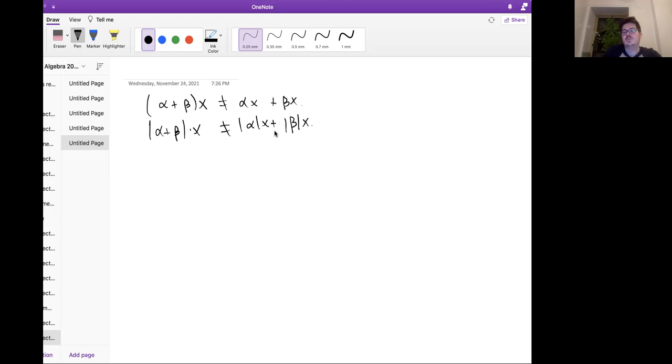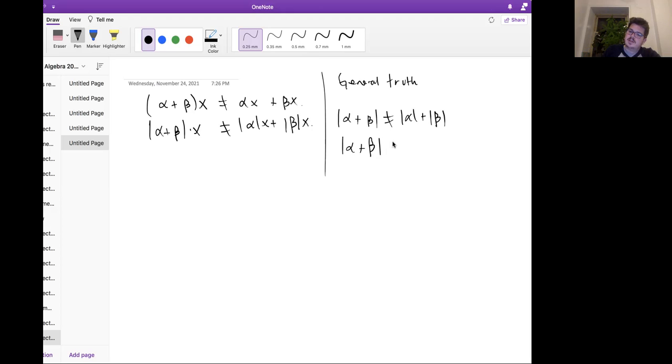Since you know something that's true about absolute value, this is just a general truth: absolute value is not equal to just splitting it up, but it actually gets bigger when you split it up. In some cases it never shrinks, but yeah.